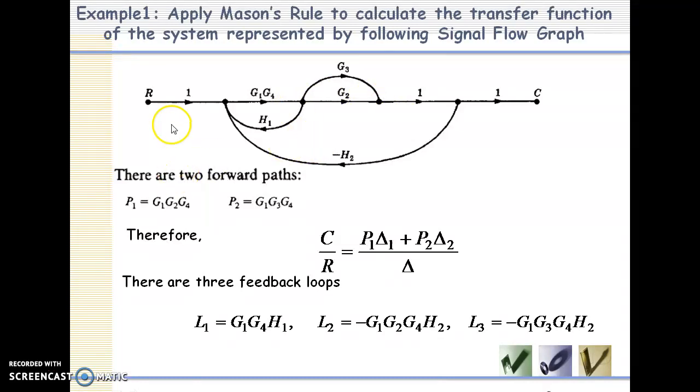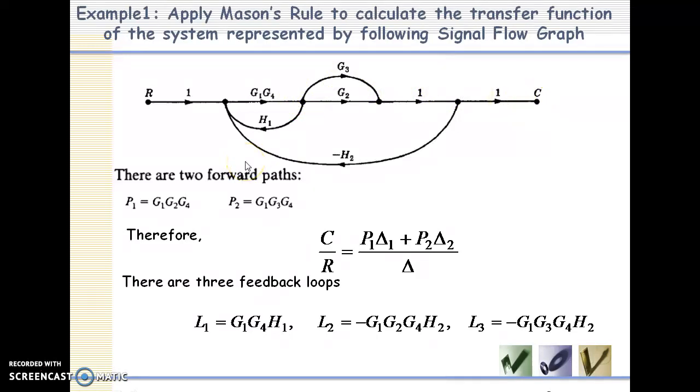Each travels from the input node to the output node without crossing any node more than once. The first forward path is G1, G4, G2, and the second forward path is from R, G1, G4, G3 to C.